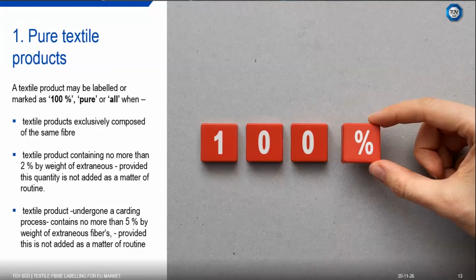So if cotton fibers are passed through the carding process, then a maximum of 5% extraneous fiber is permitted instead of 2%. That means if it is a carded cotton fiber and you find, say, 3% or 4% other extraneous fiber, it can still be labeled as 100% cotton.